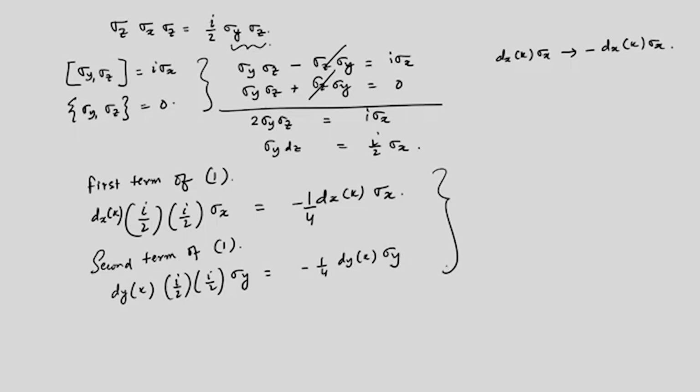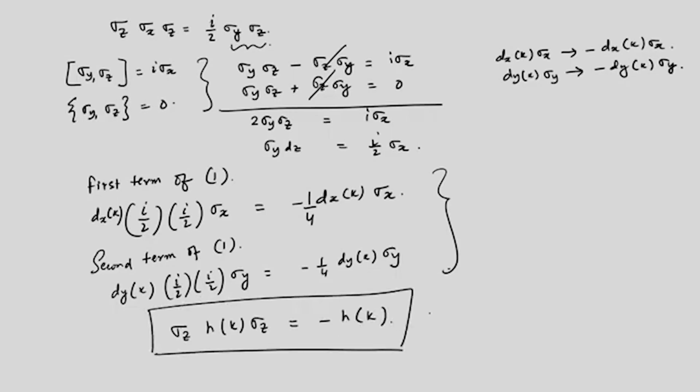So if you combine these two, you have dy(k) sigma y. So under this chiral symmetry operation, it becomes minus dy(k) sigma y, and so on, okay. So this is the transformation, and that tells you that sigma z h(k) sigma z is equal to minus h(k), okay. So this is the chiral symmetry of the model, and this is what the chiral symmetry demands.